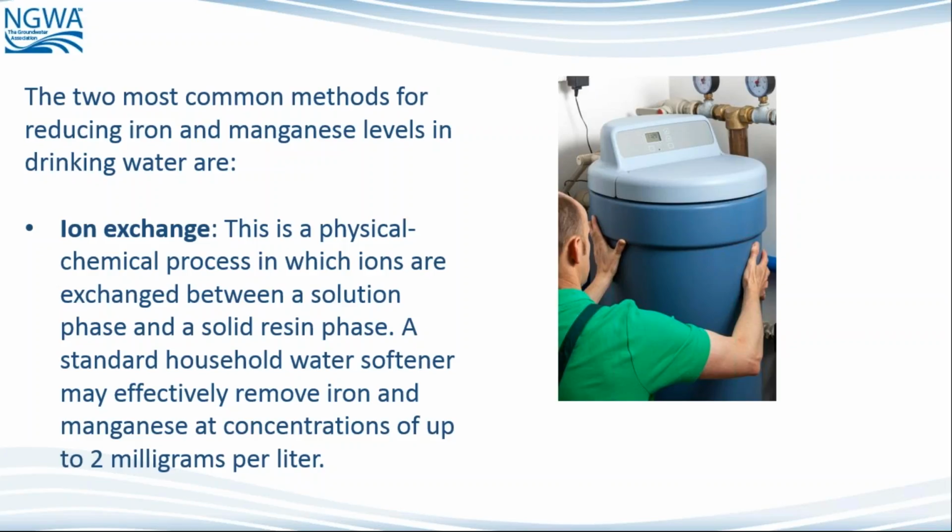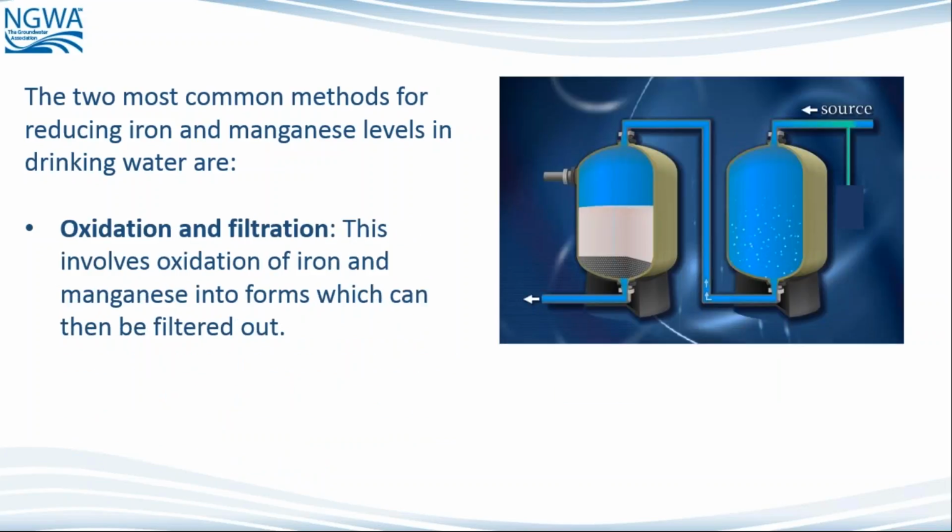Or if you had a lot of particulate or solids in your water, probably ion exchange would not be a good fit. But otherwise, ion exchange is a very effective and fairly cost-effective method of iron and manganese removal.